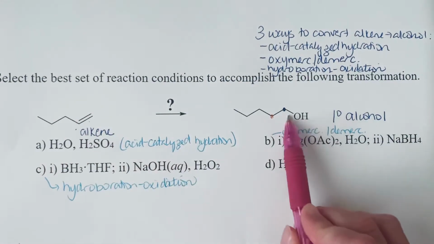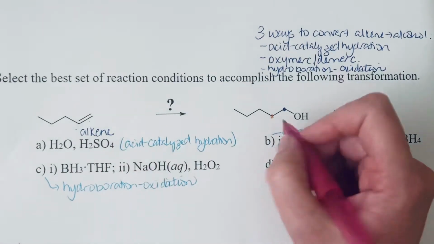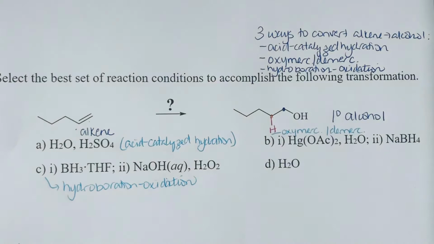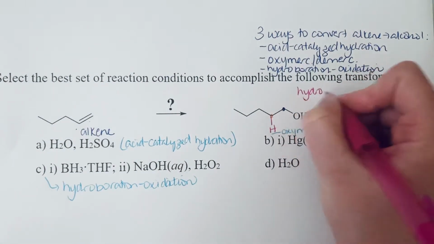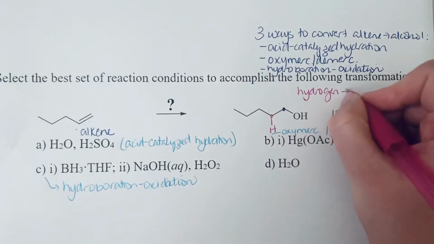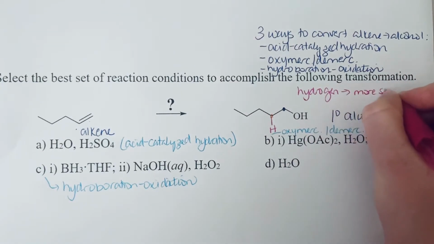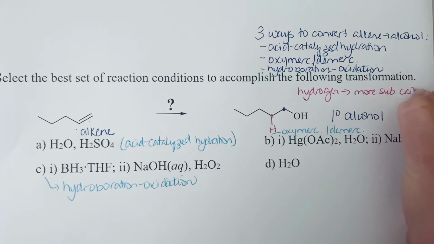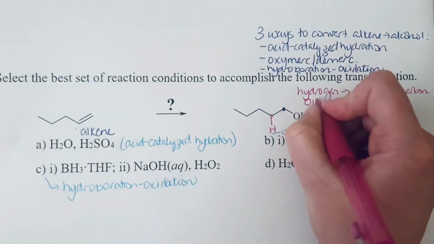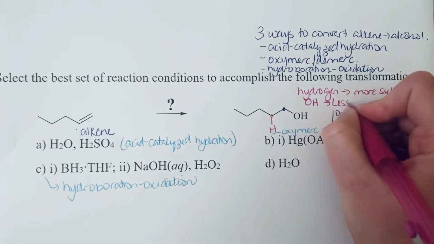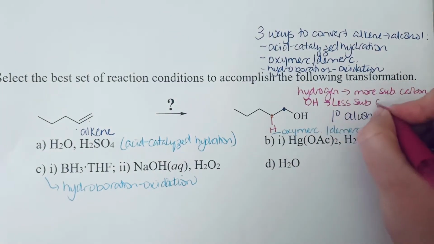We can see clearly where we added the OH of water, and where we added the hydrogen was here. We added the hydrogen to the more substituted carbon of that alkene. So it appears we put the hydrogen on the secondary carbon, and we added the OH to the less substituted carbon atom of the alkene.